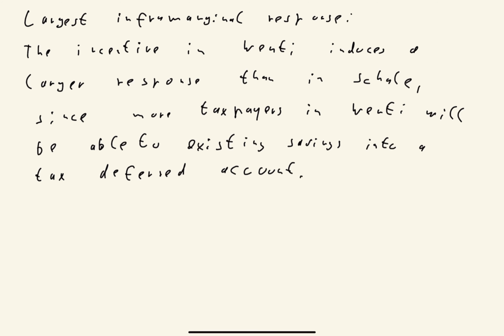Since it's more likely that there are more individuals getting affected by an increase from $2,000 to $4,000 than an increase from $5,000 to $7,000, the incentives in Venti are more likely to induce a larger response than in Shale. So the inframarginal response is higher in Venti than in Shale.